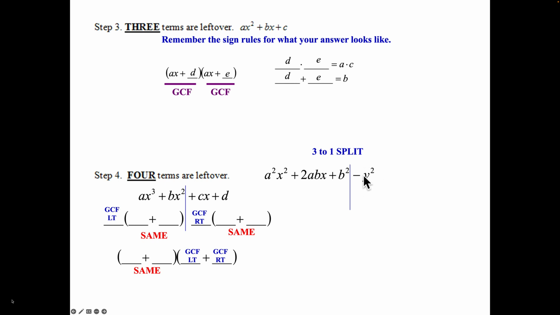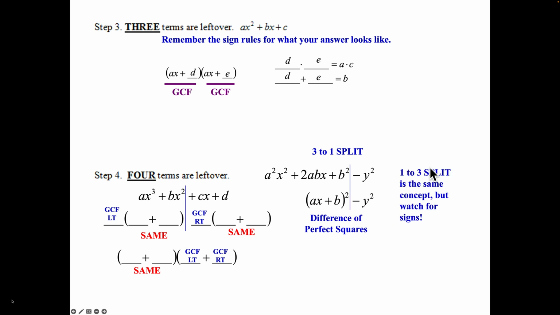Isolate the one variable being squared that doesn't mix with the others. This trinomial here will always factor into a binomial being squared minus this y squared, which is now a difference of perfect squares. And we would factor this to ax plus b minus y, ax plus b plus y.